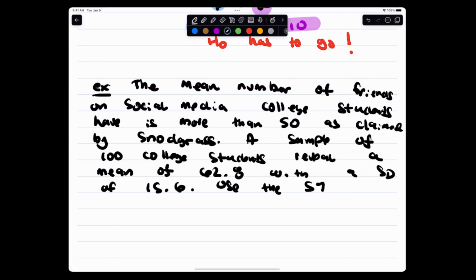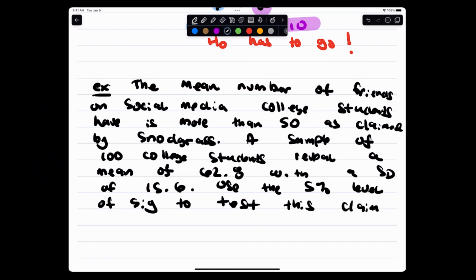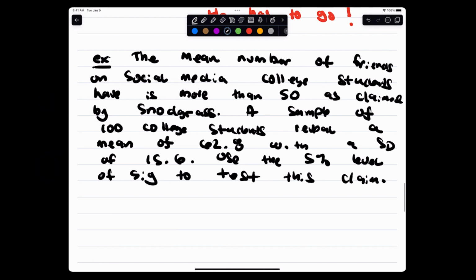Use the 5% level of significance to test this claim. So we're going to have you guys try this example, okay? And then let's see what you guys get. We're going to give you guys some time here. Try that one out.